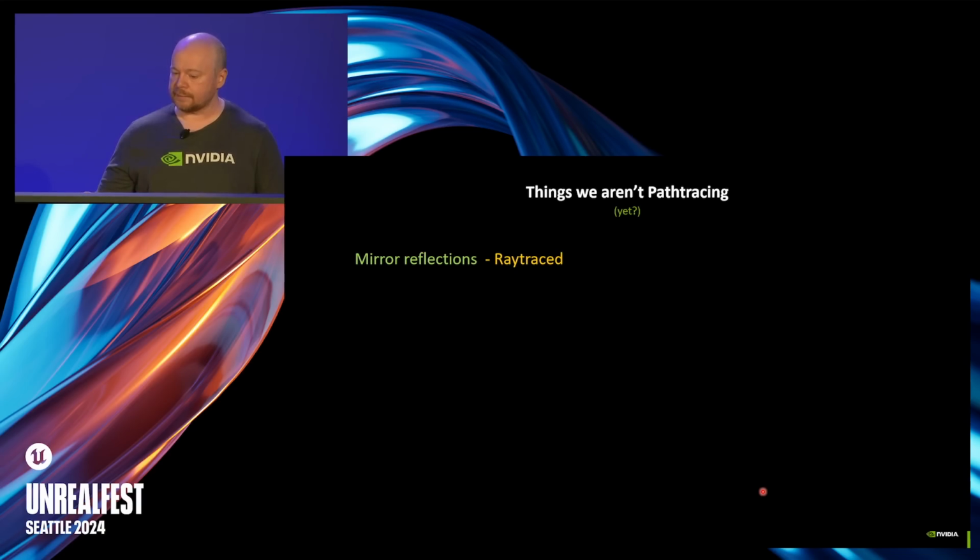So right now, mirror reflections are ray traced or Lumen, and you can set a blend point. So if you have a mirror in your scene, you can use Lumen or ray tracing for that, and then blend it to path trace for the rougher surfaces.